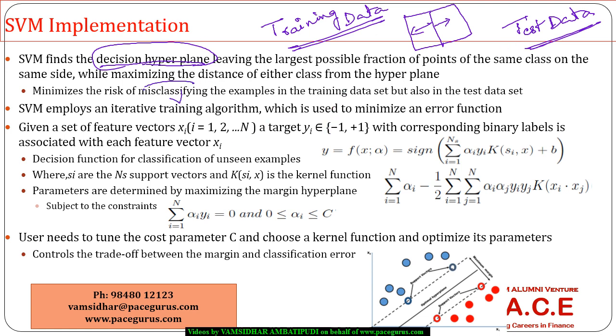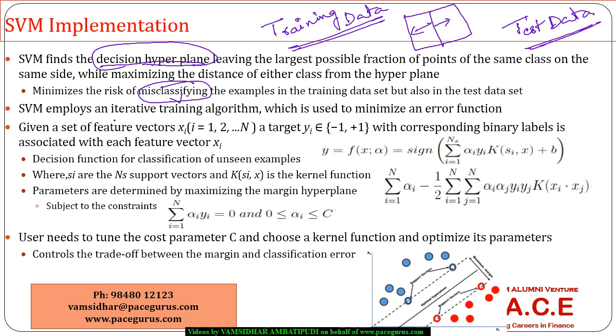So I don't want to take the risk of misclassifying those elements just because I found some simple solution which separates the values into the two groups. I want the best possible separation distance between the two groups, so that even some kind of abnormalities can be handled quite comfortably.